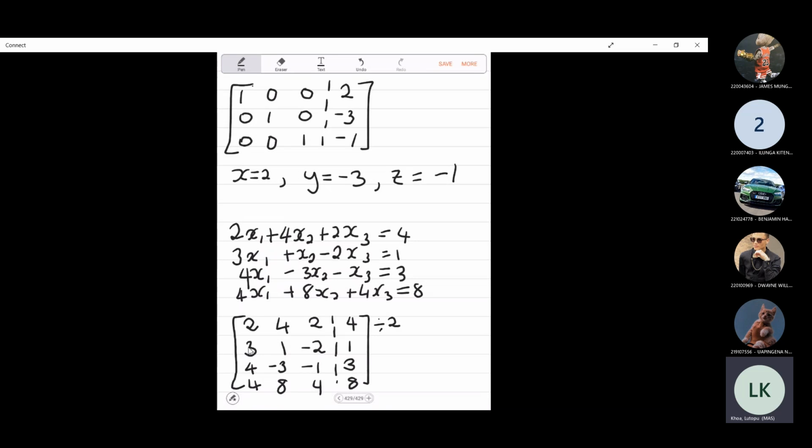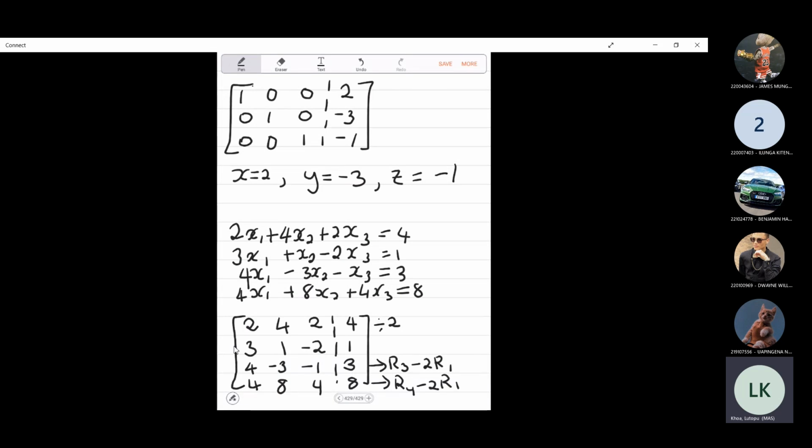Let me just work on these first. So here I need to say row 3 minus 2 times row 1, and the same thing, row 4 minus 2 times row 1.